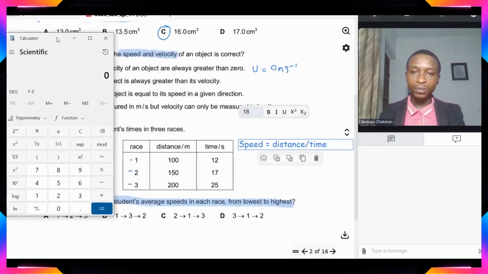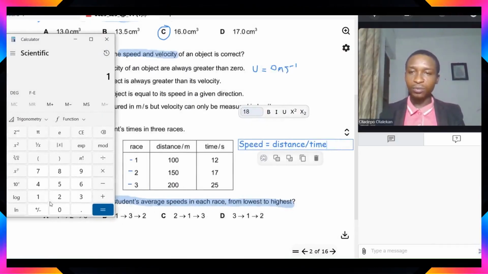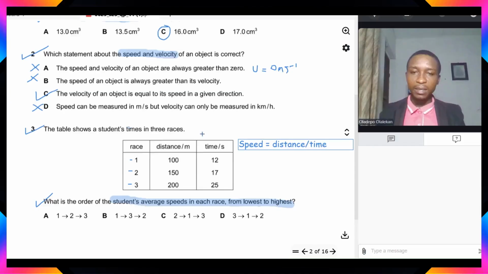12 seconds. So if we do 100 divided by 12, that gives us 8.33. So for the first race, the speed of the object was 8.33 meters per second.